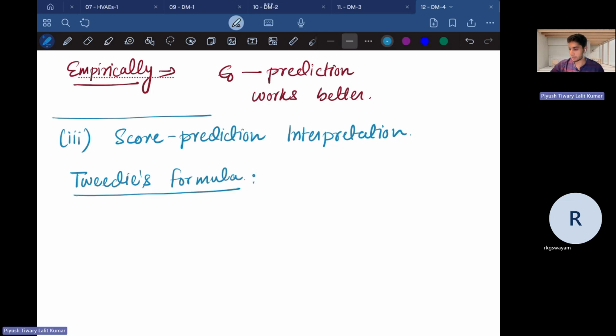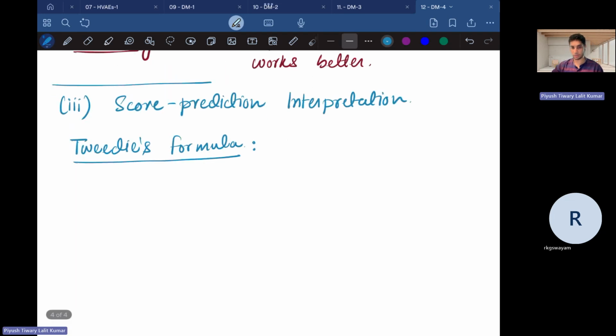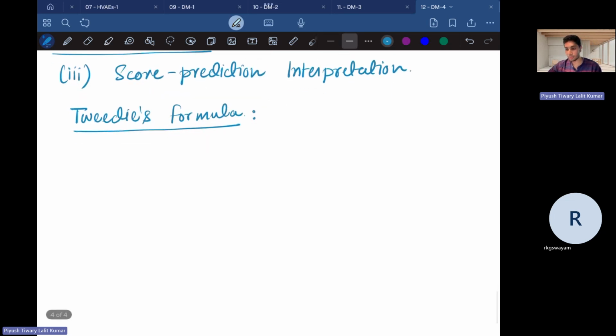This is actually something very useful in research. Even my work revolves around this formula. It's quite interesting. I'll just tell you how. What is it telling you? I'm giving you a very informal way to state Tweedie's formula.